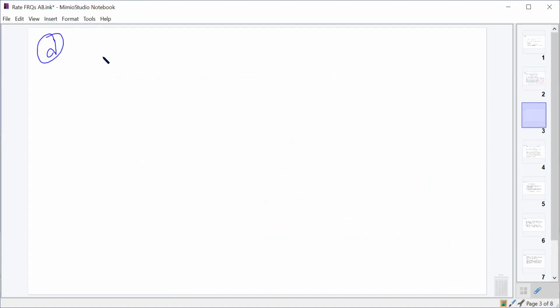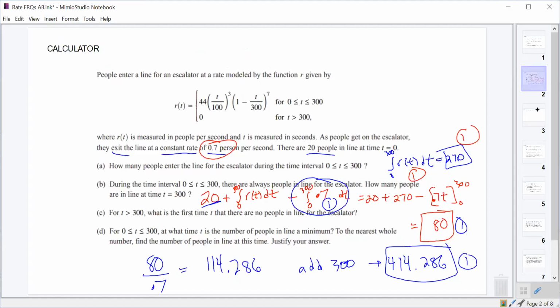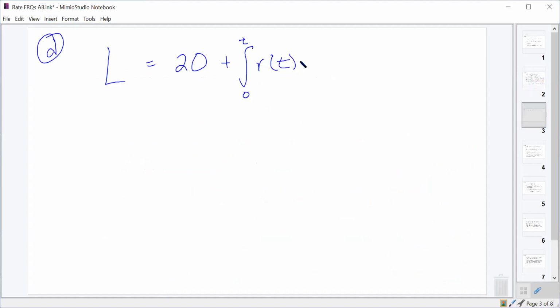Well, the number of people in the line, we'll just call that L, should be equal to the number of people that were in the line at the start, plus the integral of the rate function for them entering the line, 0 to t, they call it r of t, dt, minus the rate at which they leave integrated from 0 to t.